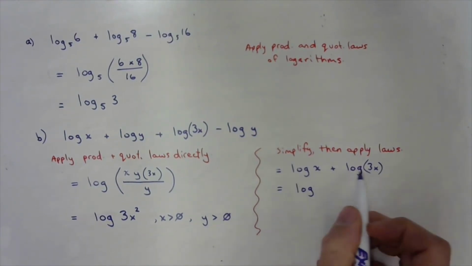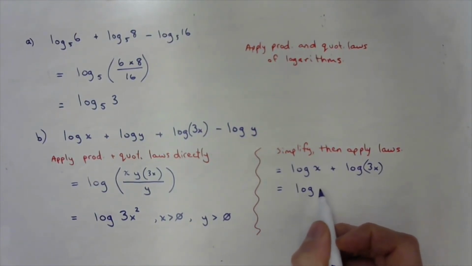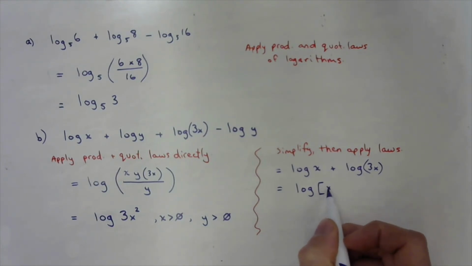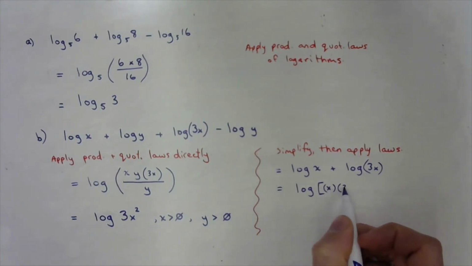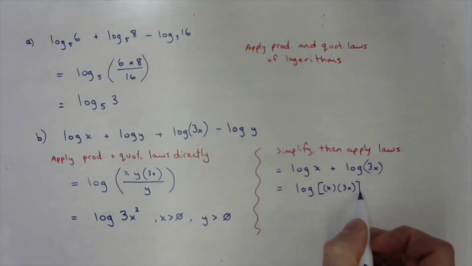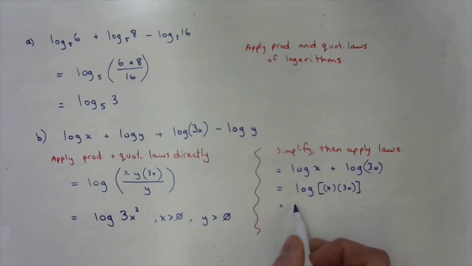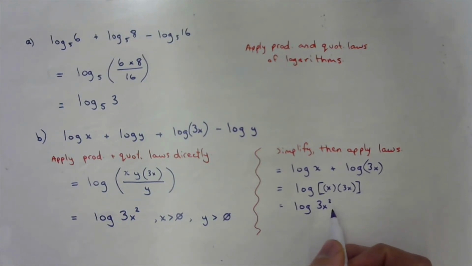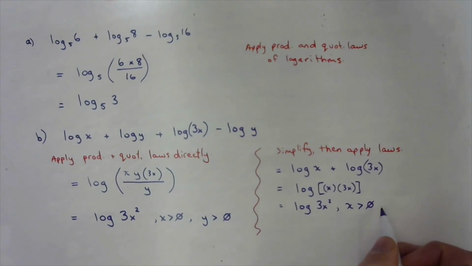So I can rewrite that as a product, which should be x times 3x, which is 3x squared. And then, of course, remembering our restrictions. X must be greater than 0, y must be greater than 0.